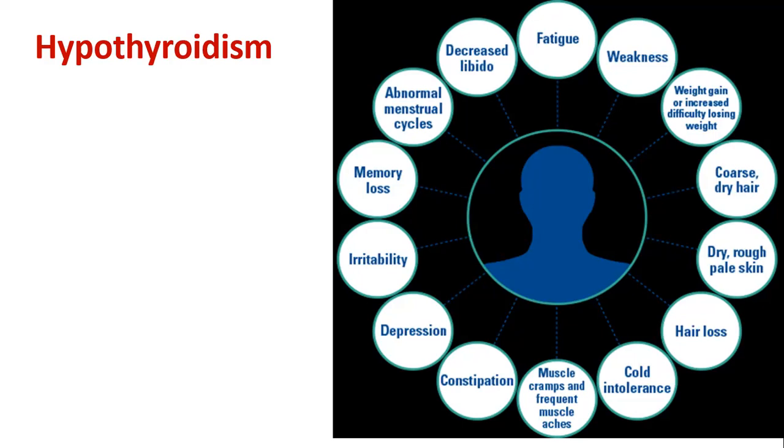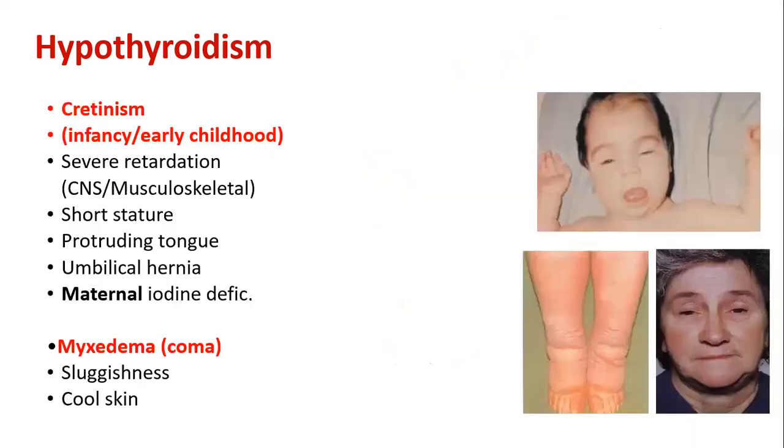Activity. So one more place you can look, because children are very prone, and especially infants who are born to mothers in a hypothyroid state without replacement during pregnancy may end up in a state called cretinism. Cretinism comes from the word Christ.